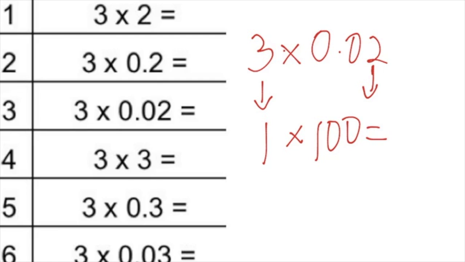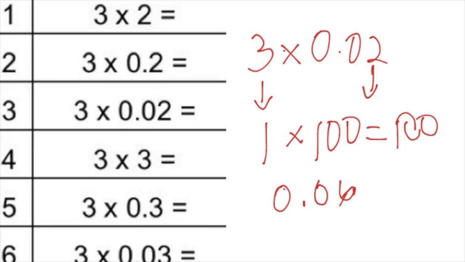Our answer will be in the, very good, 1 times 100 is in our hundredths place value. So 3 times 2 is 6, and the answer is in the hundredths place value, so our answer is 6/100ths. 0.06 is 6/100ths.